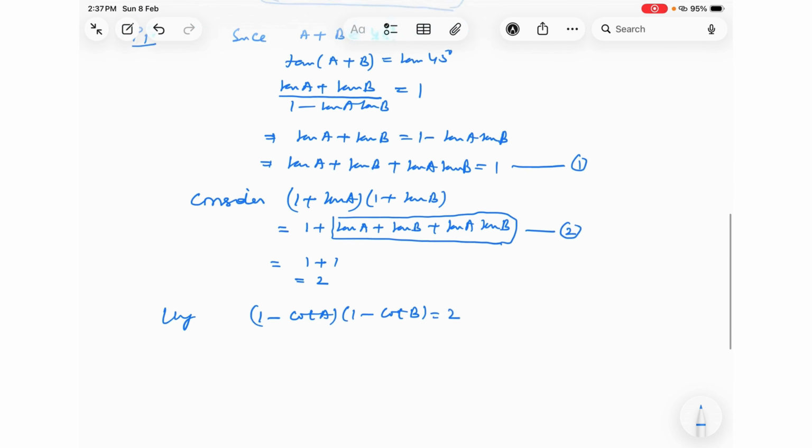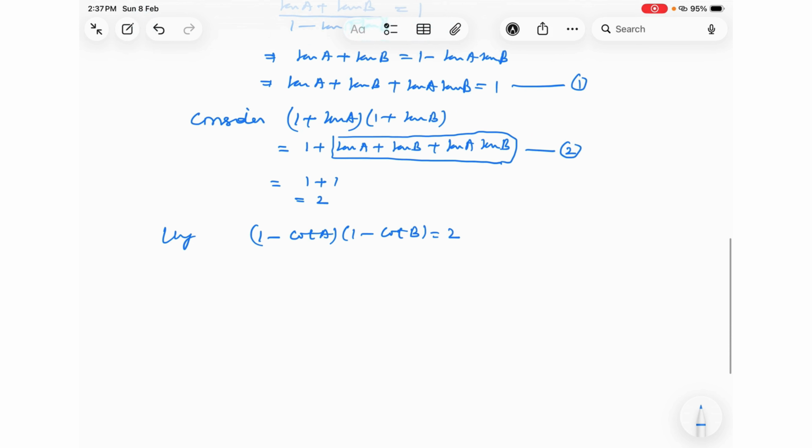Now coming to result number 4. Let us see result 4.